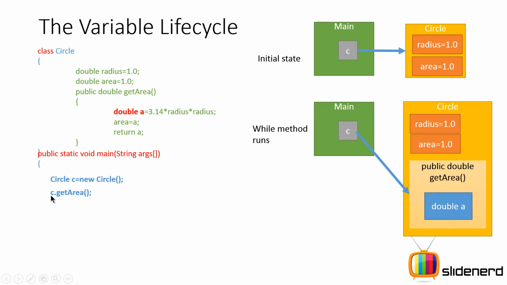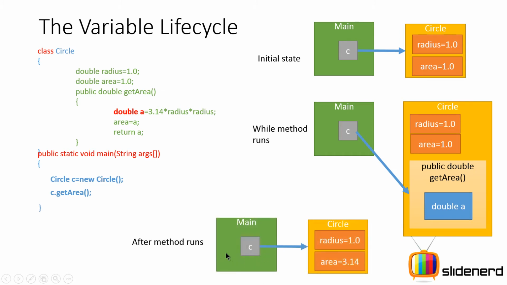Once we finish running this method, we are back to the same state on the left side, but on the right side, notice carefully, there is radius 1.0 and area 3.14, which is because of the statement area = a, where a is 3.14 * 1 * 1, and hence area is 3.14.